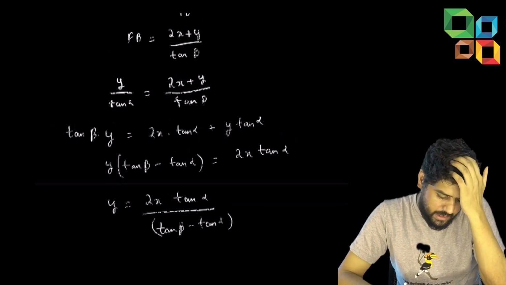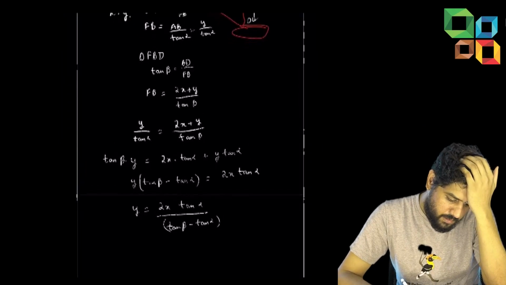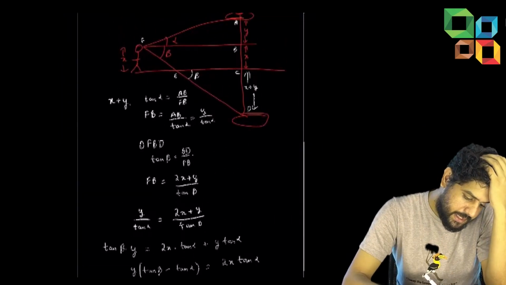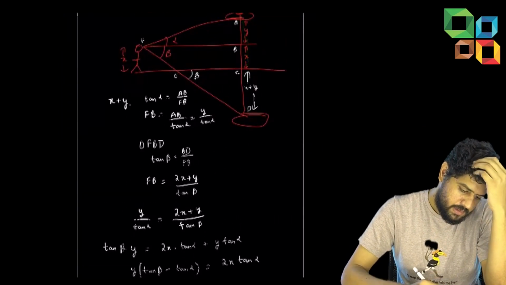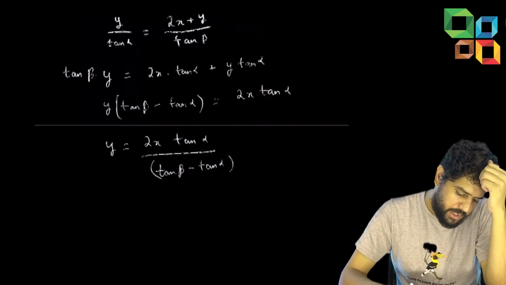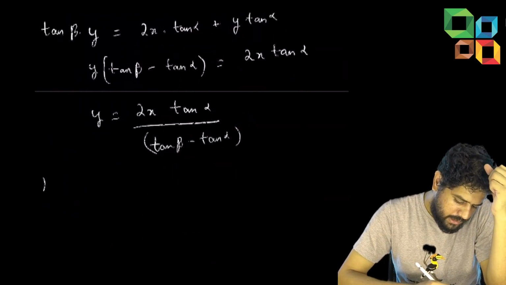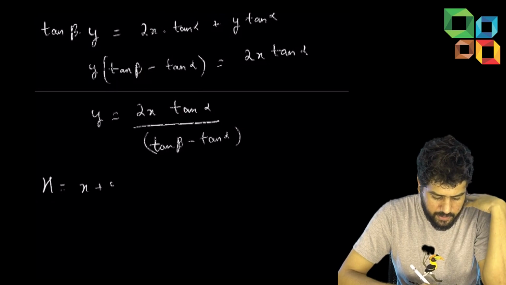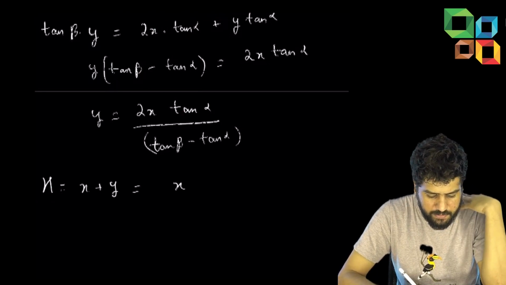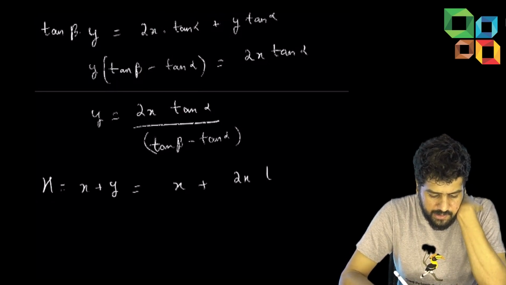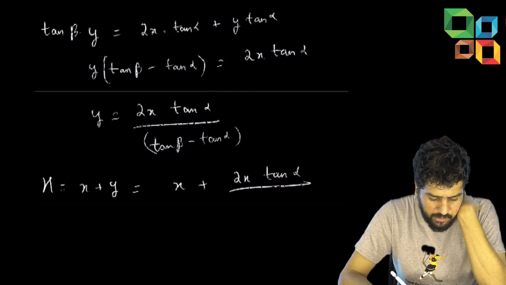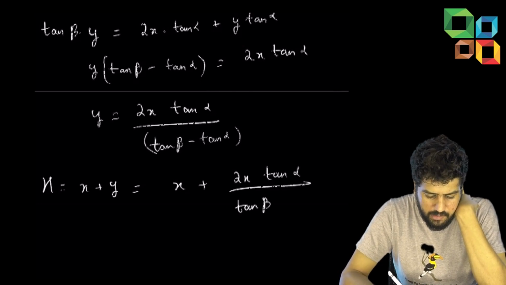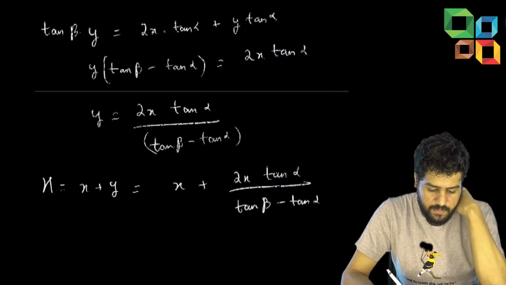Now our height of the cloud is x plus y, so to this y we need to add x. We get x plus 2x tan alpha by tan beta minus tan alpha.